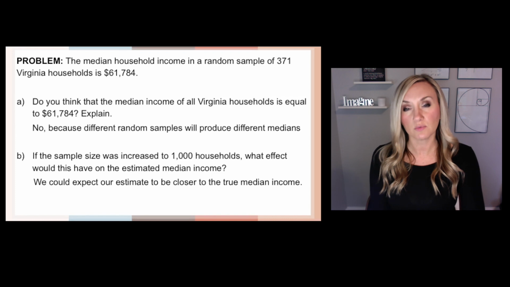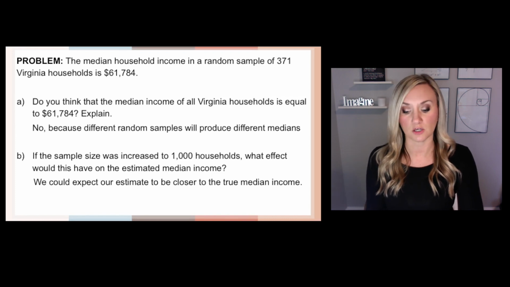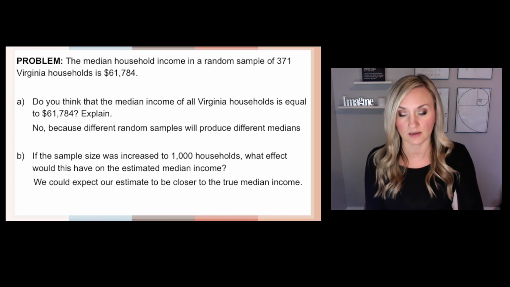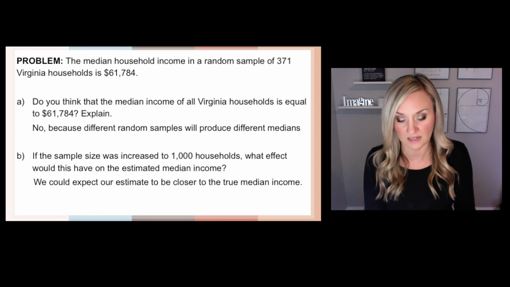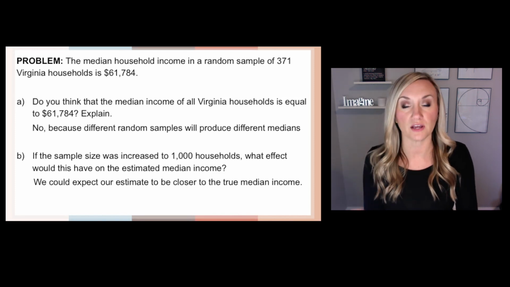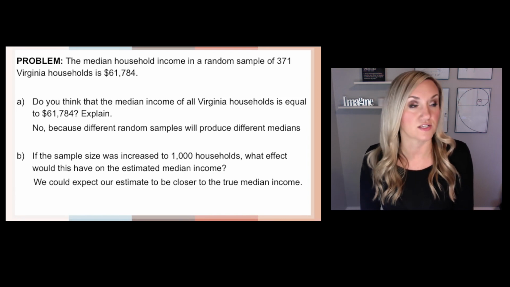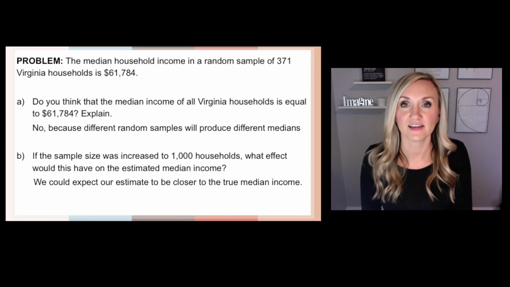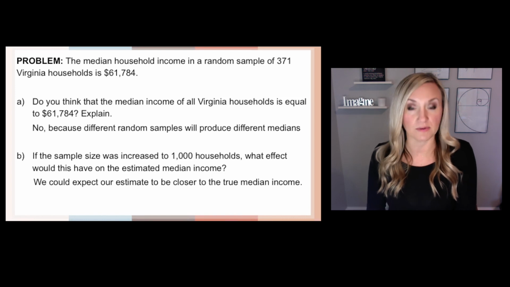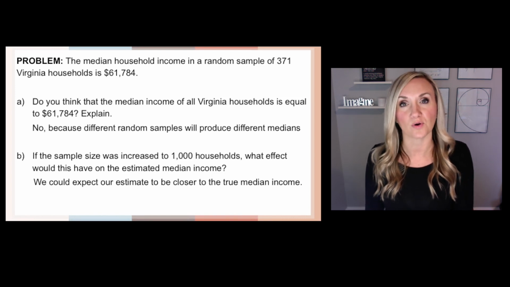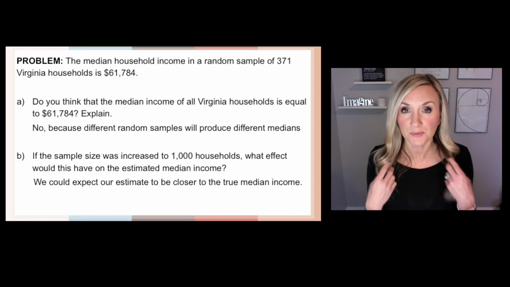So we would expect our estimate to be closer to the true median income of Virginia households. Ideally, we would like to ask every single household and get a census, but in this case, it probably wouldn't be feasible, and so we are looking for the best sample possible.